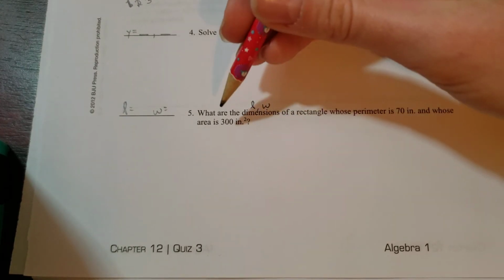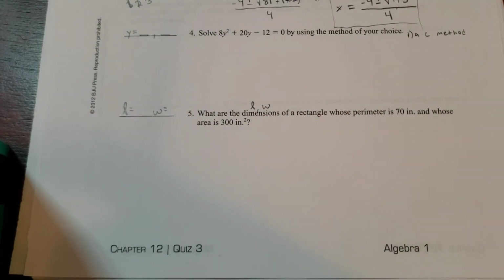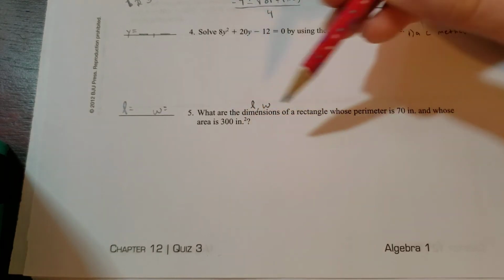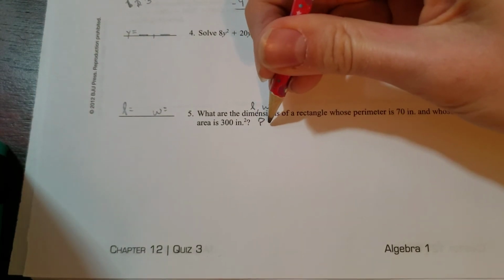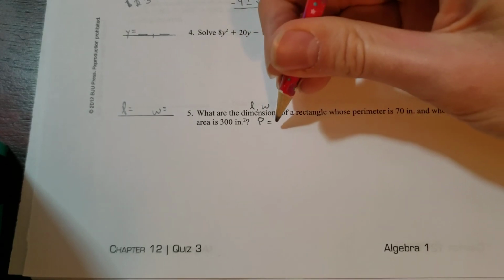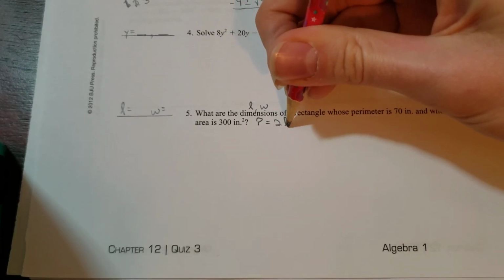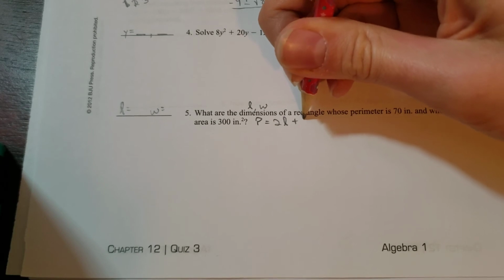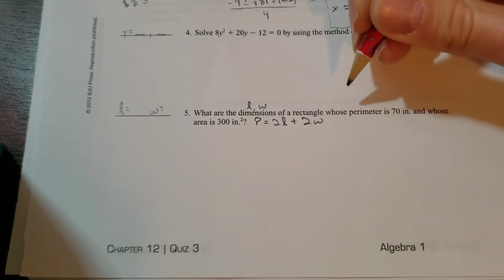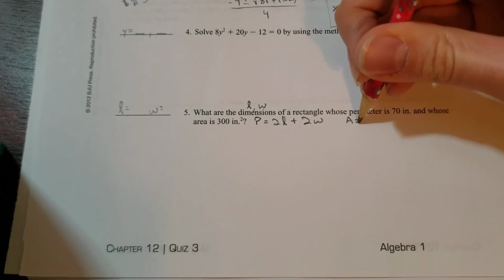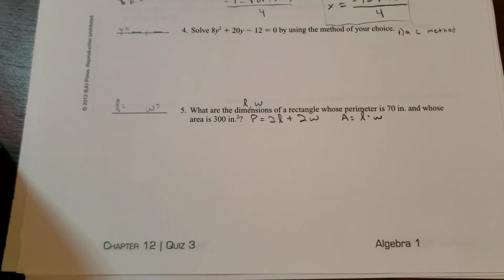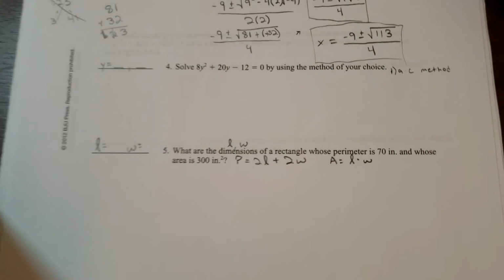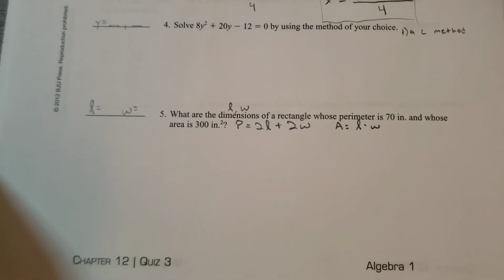Now, we know 2 formulas for the perimeter and area of a rectangle. So perimeter is 2 times the length plus 2 times the width, and area equals length times width. Okay. Now, the reason why I'm writing it out is because I just want to be able to see things clearly.